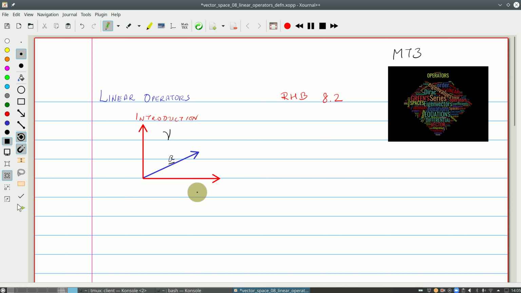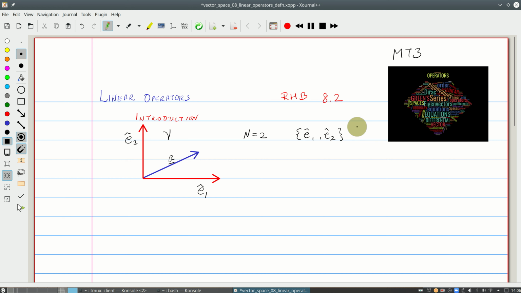Let's use a normalized orthonormal basis, so it's E hat 1 and E hat 2. That's our basis. So this is a two-dimensional space, so n is equal to 2, and our basis consists of two vectors, E hat 1 and E hat 2.